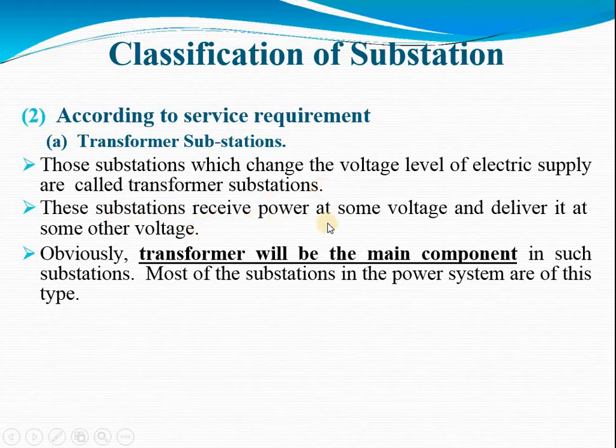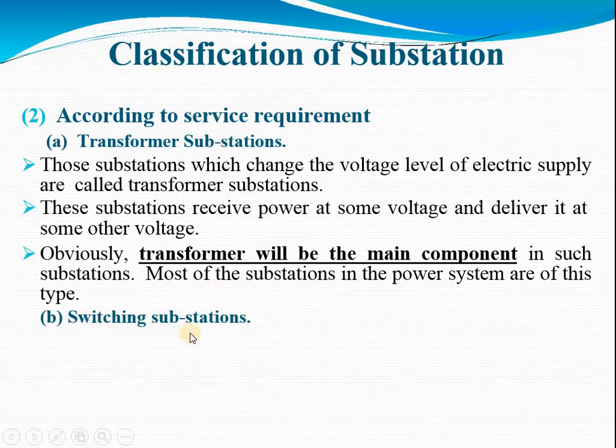These substations receive the power at some voltage and deliver it at some other voltage. Obviously, the transformer will be the main component. Most of the substations in the power system are of this type. The step-up or step-down substations we saw earlier are in the same category of transformer substation.